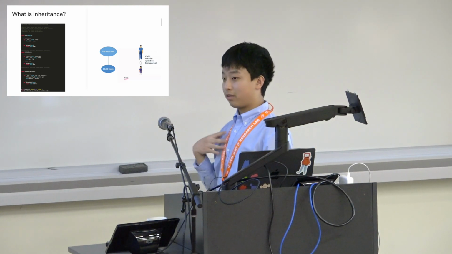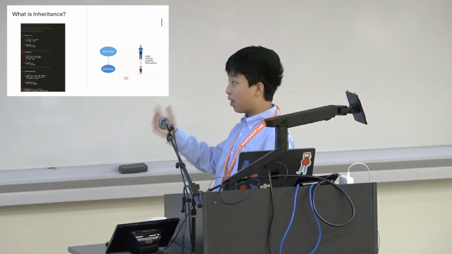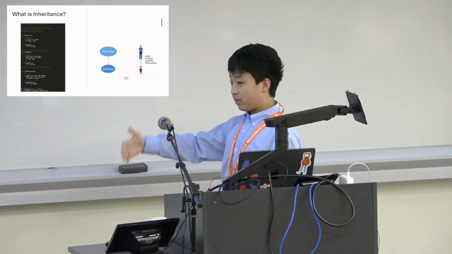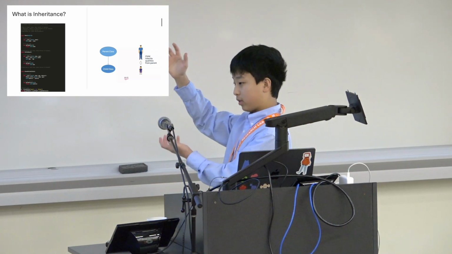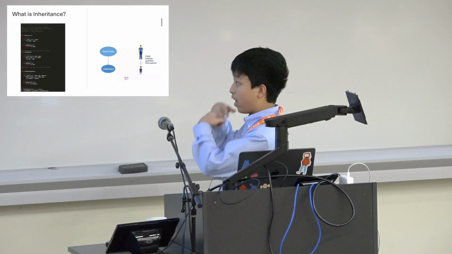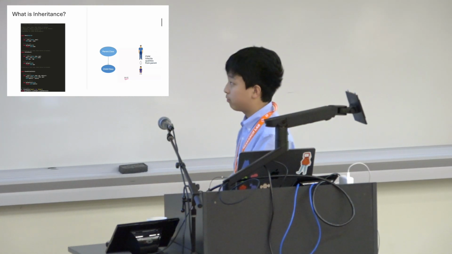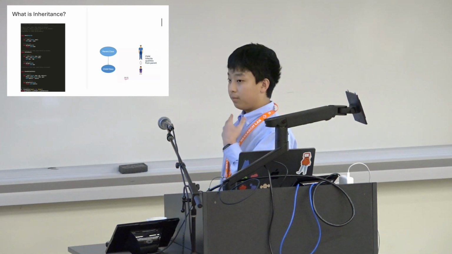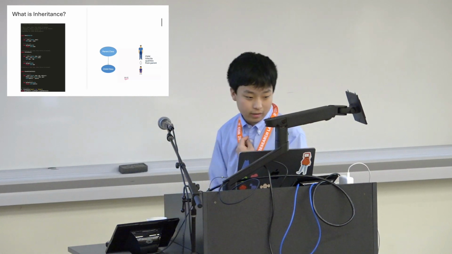I inherit a lot of things from my parents. Hence is where the word inheritance comes from. So we can think of it as where our parent class and our child class, where our parent passes on, or the child inherits qualities from our parent. It can be anything from me being Korean, or my hair color, and many other things on.